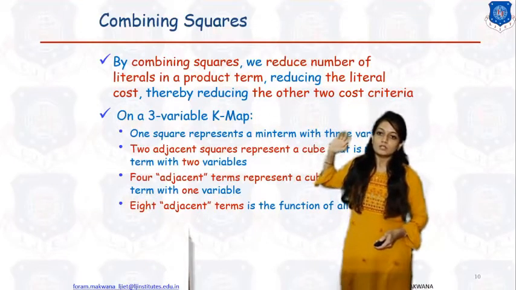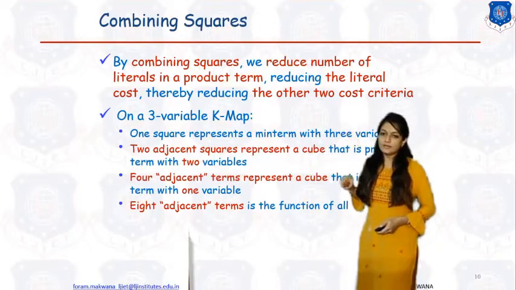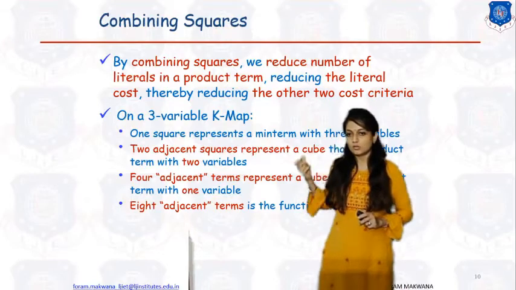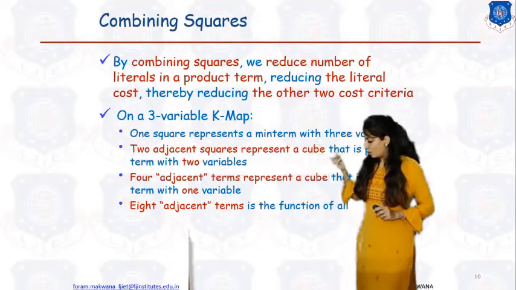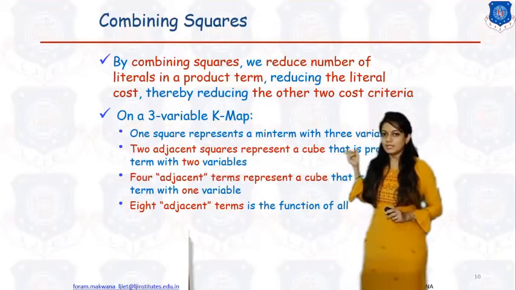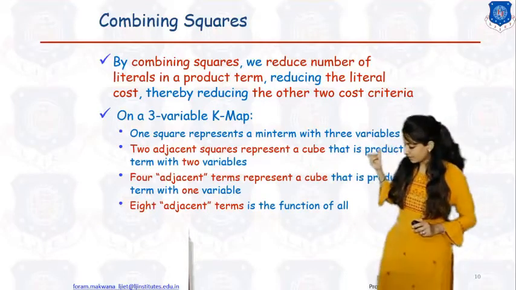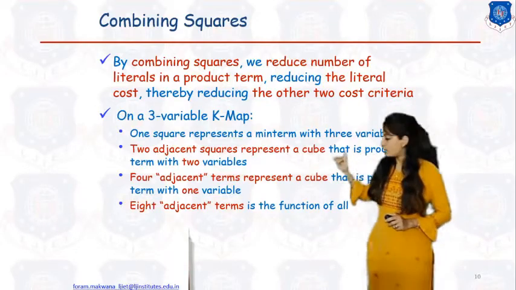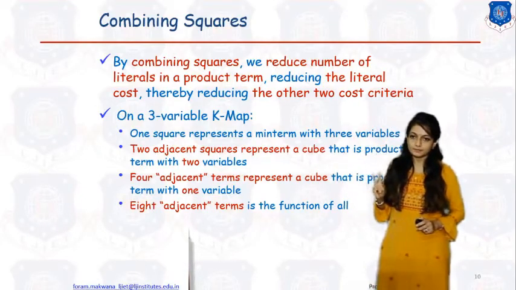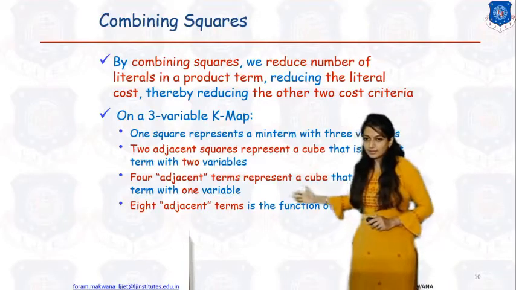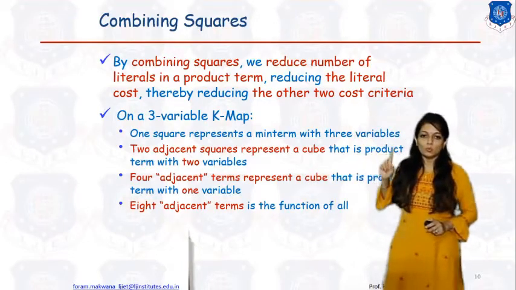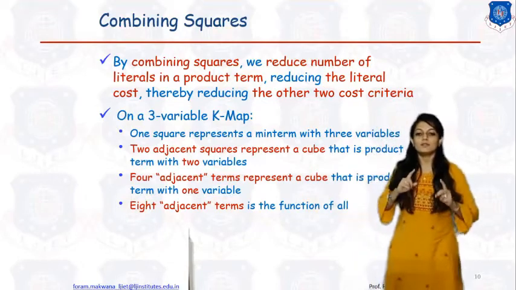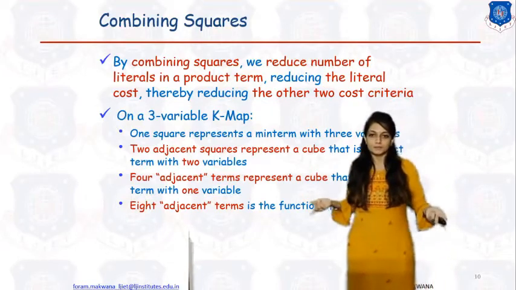Okay? So these are the criteria for reducing the cost of a digital circuit. Okay? So on a 3 variable K map, one square represents a min term with 3 variables. 2 adjacent squares represent a cube, that is a product term with 2 variables. 4 adjacent cells mean 1 variable, and the 8 adjacent cells, that is a function of all. That means your answer is 1 because there is no common term.